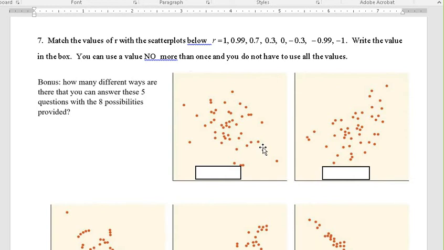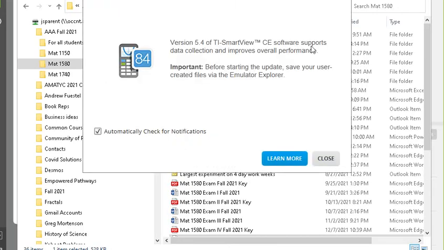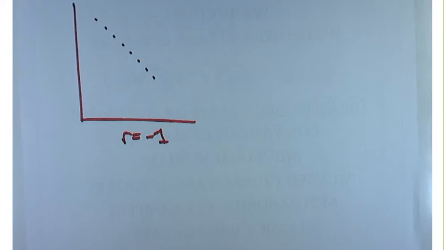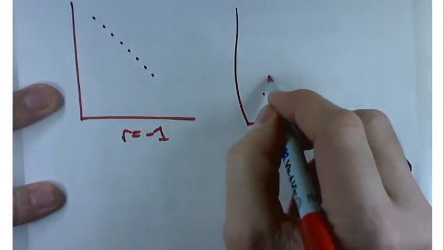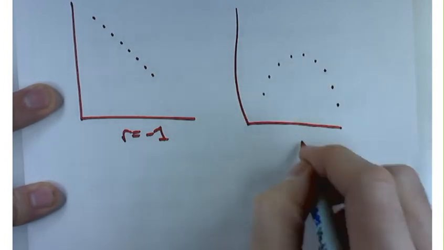I did give a different example. I'm sorry, I see what you're saying. By the way, I graded that one really generously. I appreciate the feedback, but basically what you're telling me is that you thought the only time you had r equals 0 is when it looked like that.